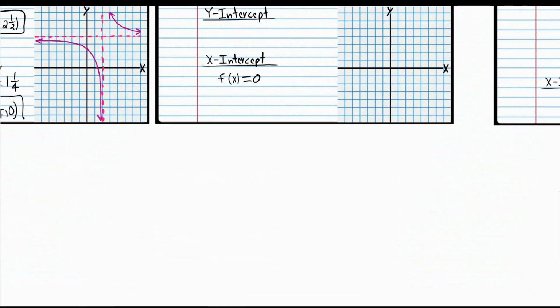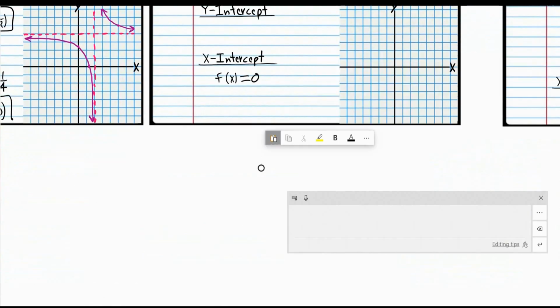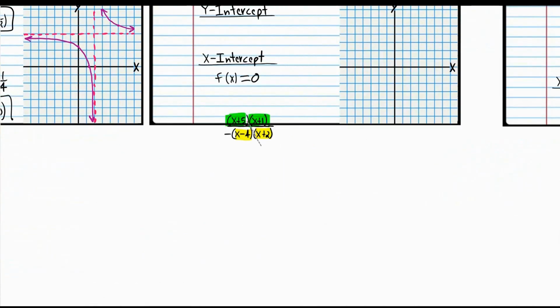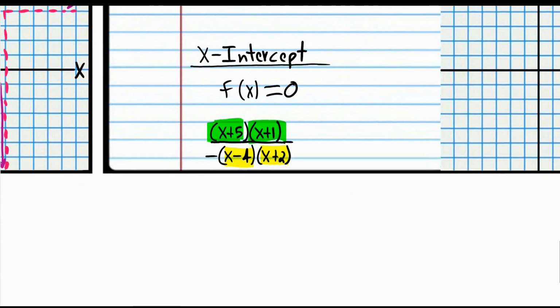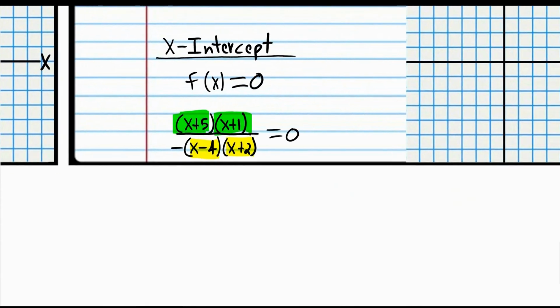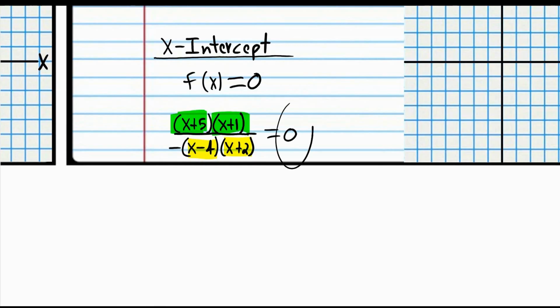We'd prefer to have it in factored form because we can see the x-intercepts just by looking at that. We want the y value to be 0, and if the y value is 0, then x is going to be equal to -5, or it's going to be equal to -1.